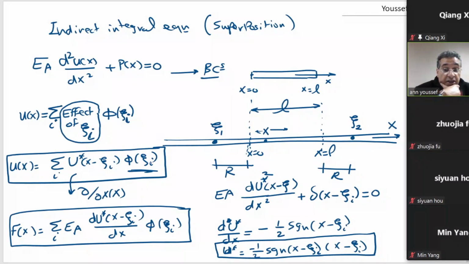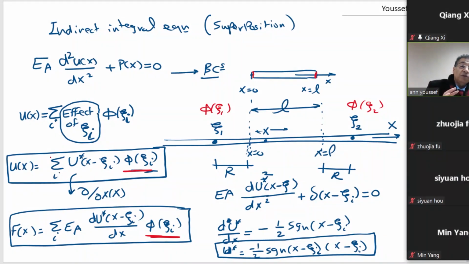The intensities of the sources, phi at xi1 and phi at xi2, are not unit values, but values chosen to give the same boundary conditions I have at these two boundaries. At the end of the day, this will give me the solution for the problem.